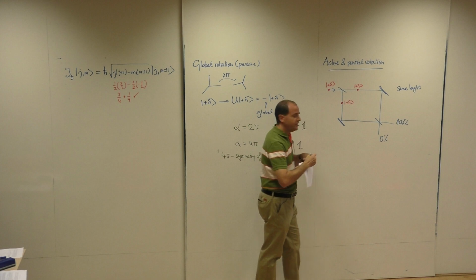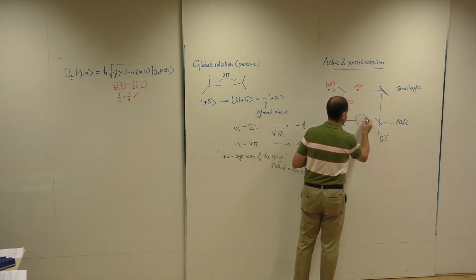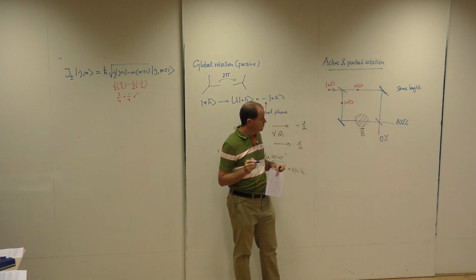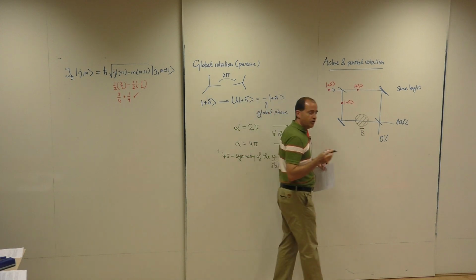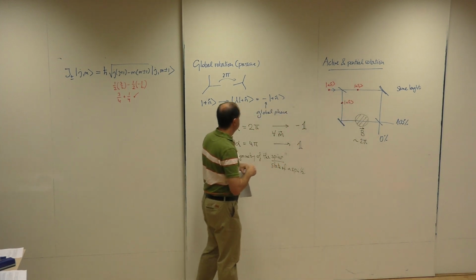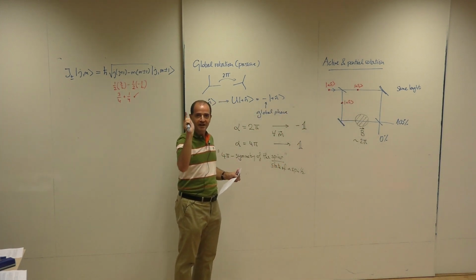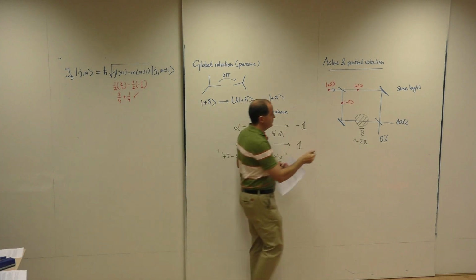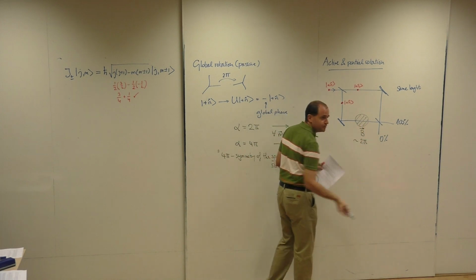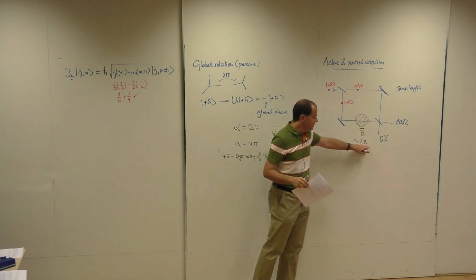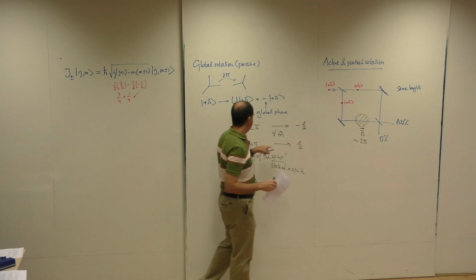I could put a magnetic field B here, in that part of space. And let's assume that this B corresponds to a rotation of the spin of 2 pi. A magnetic moment precesses in a magnetic field, and let's assume that the intensity of the field times the time the particle spends in that region is exactly what is needed to do a rotation of 2 pi of this type.